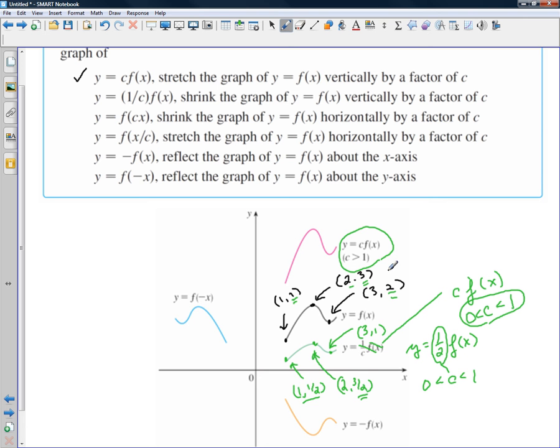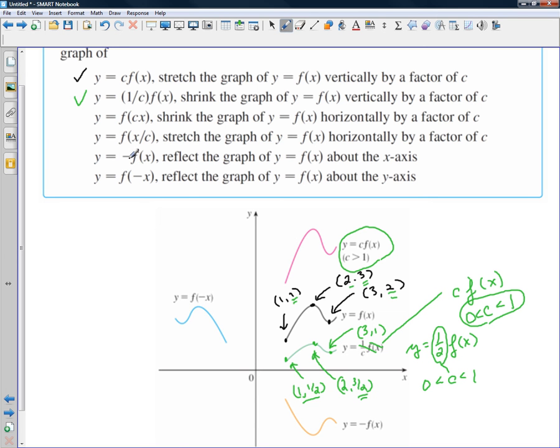Now we go into horizontal stretches and shrinks, and I don't believe they are illustrated in this picture. We can work at some of those with my next graph, but let's take a look at these reflections.